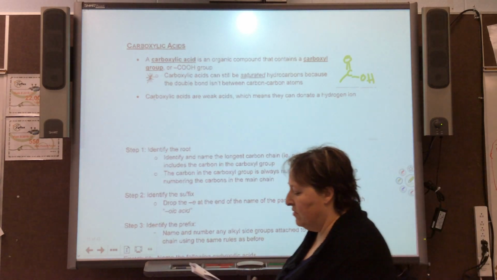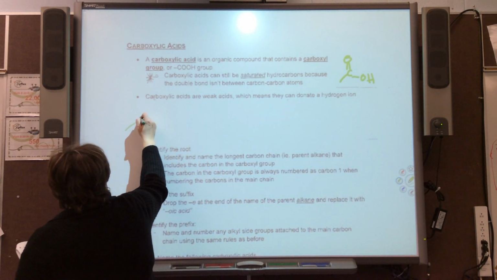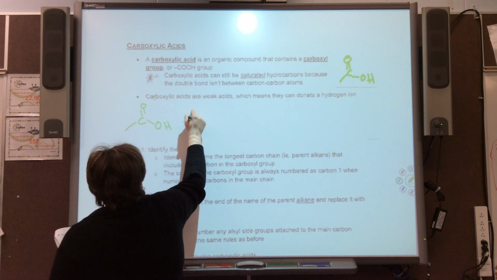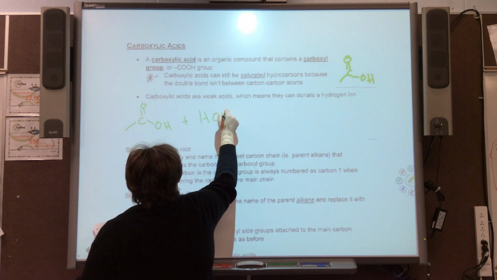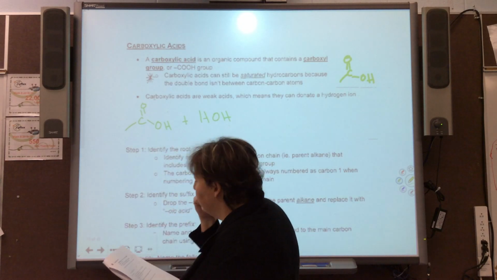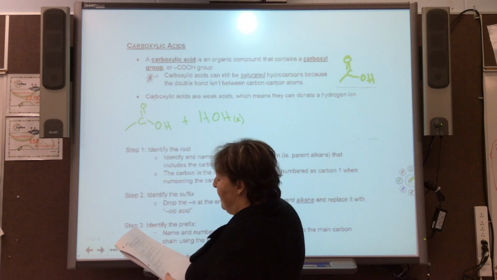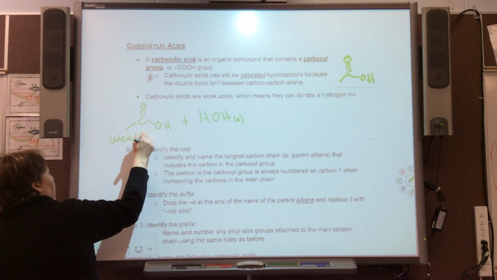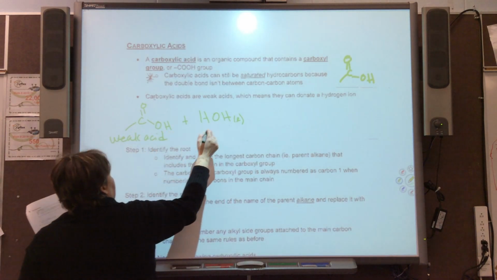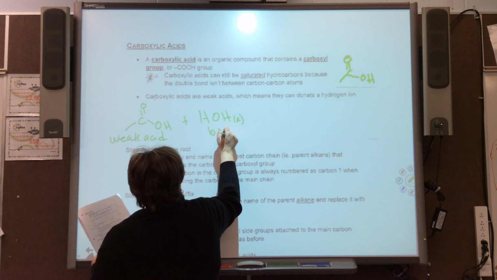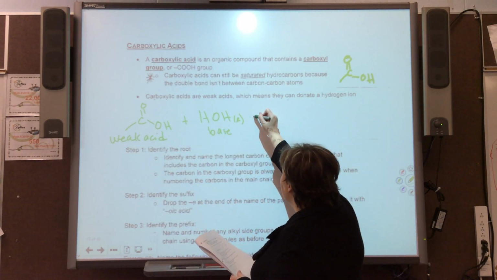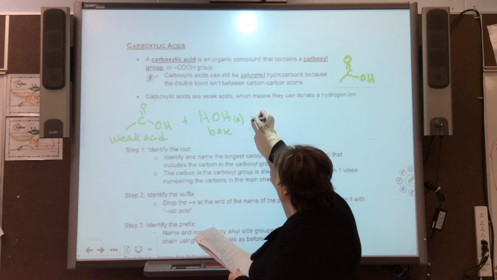Remember, all the way back to Chem 20? Water. Okay? In this part here, we have the weak acid. This is acting as our base. So the acid is the proton donor, and the base is the proton acceptor.